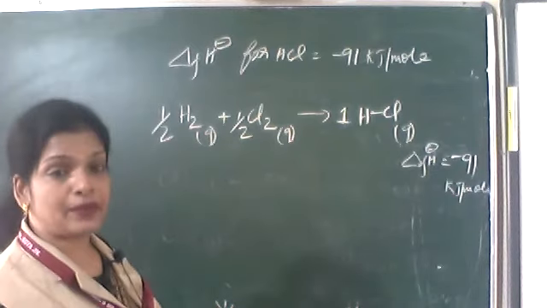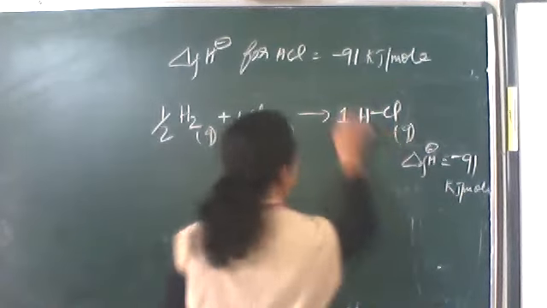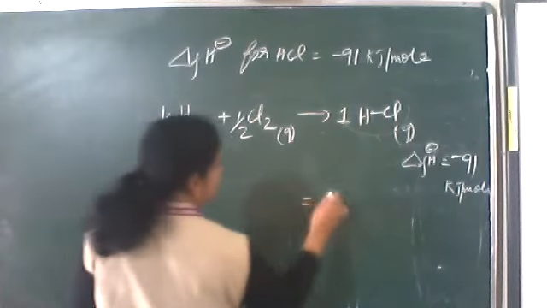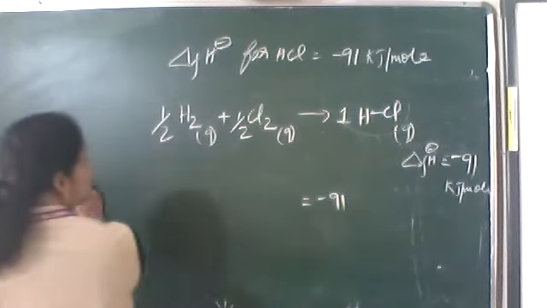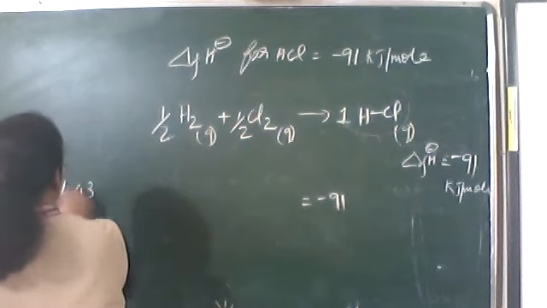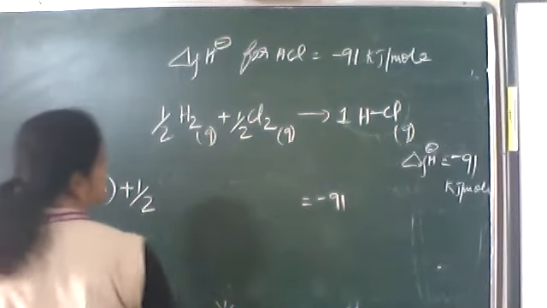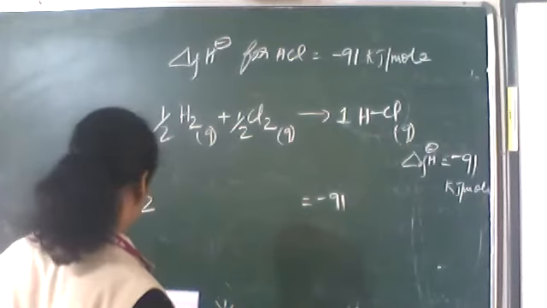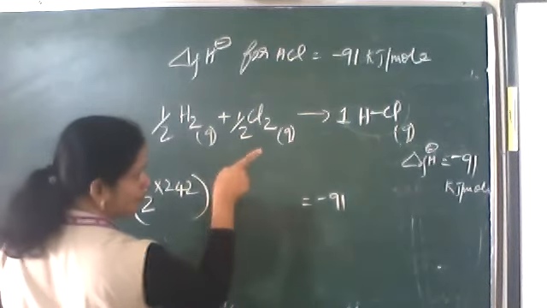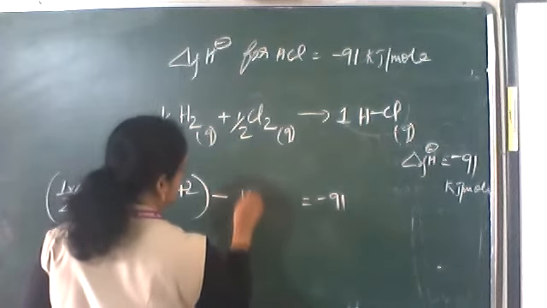In terms of bond enthalpy, we can write bond enthalpies of reactants minus bond enthalpy of products. The question is, what is the bond enthalpy of HCl? So minus 91 is equal to bond enthalpies of reactants, that is half into 430 plus half into the Cl2 value, 242, minus the bond enthalpy of HCl.